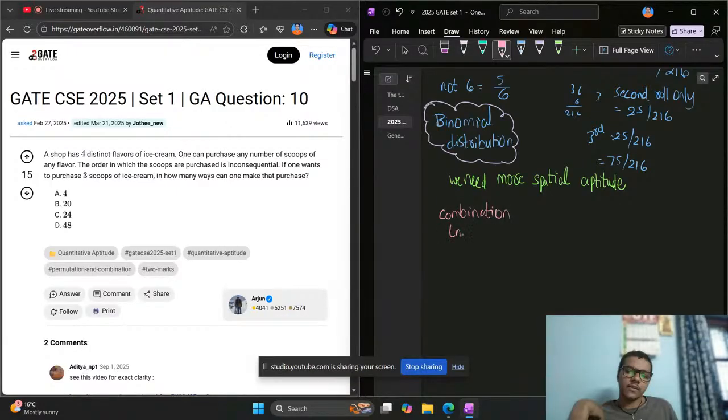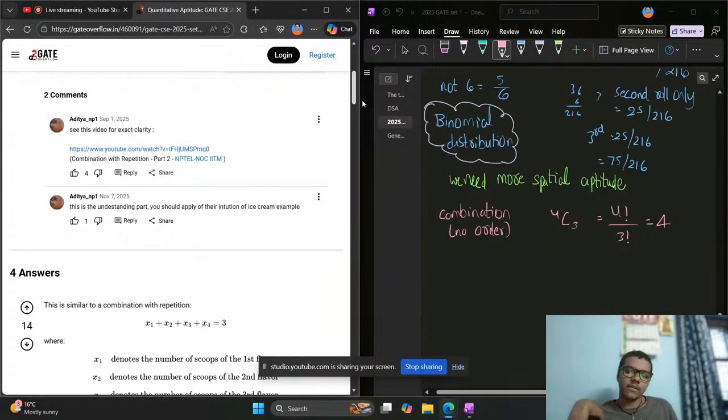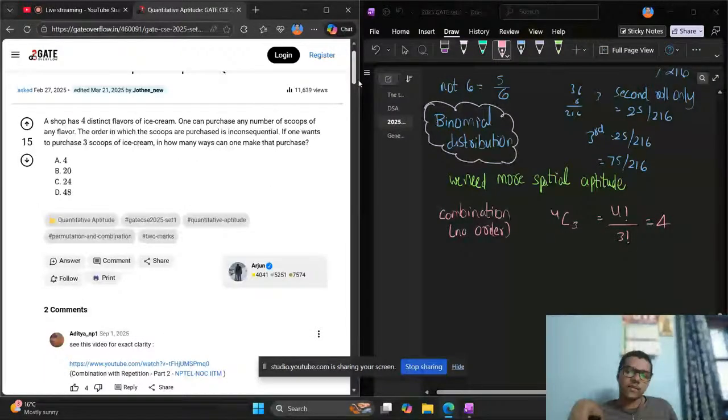No order matters, right? Just selecting 3 out of 4, that is 4 factorial by 3 factorial into (4 minus 3) factorial, that is 4. A is the answer.